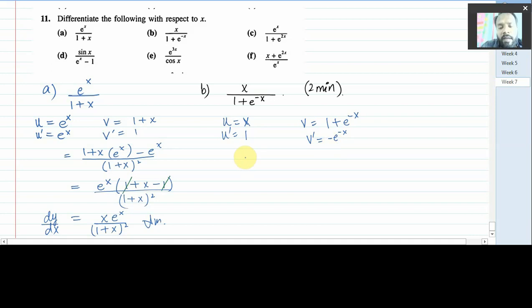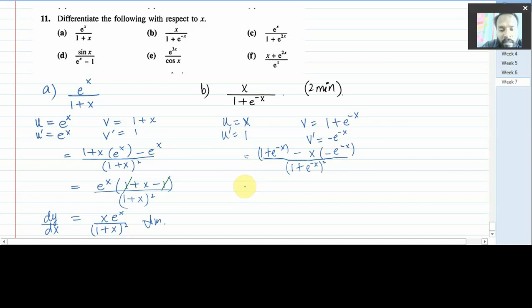Now we need to apply the working formula, which says in the denominator we have v square, so it will be 1 plus e to the power minus x, whole square. Now the formula says v is what? 1 plus e to the power minus x. v derivative of u, it's 1, minus u derivative of v, it's minus e to the power minus x.